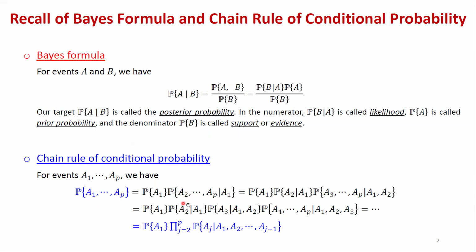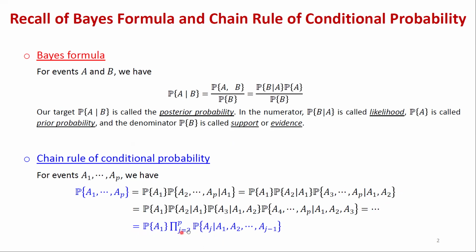Similarly, in this part, I can put the A2 event inside, and then this will be P(A2 given A1) times what is left, P(A3, A4, ..., AP given A1 and A2). See here. And then we can continue until the last step, where finally there is only AP, and everything else is given: A1, A2, A3, until AP minus 1.